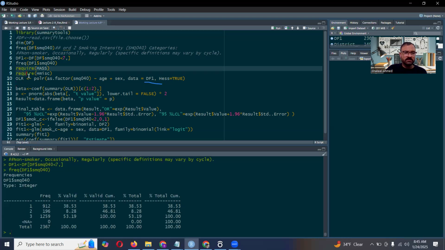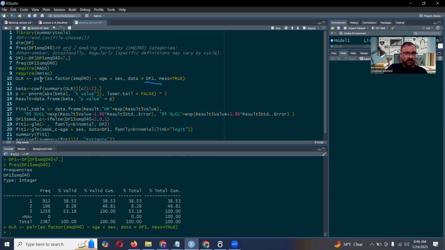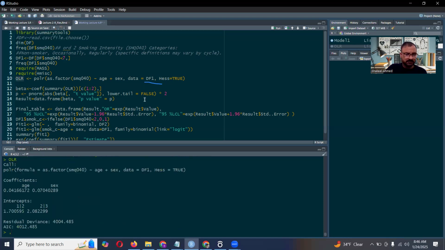So I just call these two packages, and we are taking smoking intensity as the dependent variable, and this should be a factor, not a numeric variable, so you need to write as.factor. We have two independent variables, age and sex, and we can run, and we get the ordinal logistic regression results.